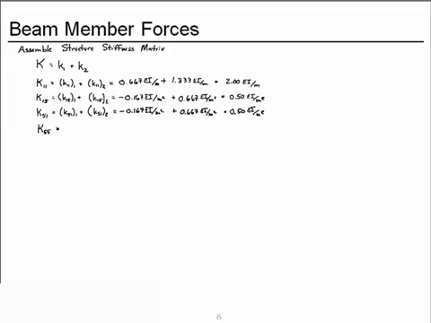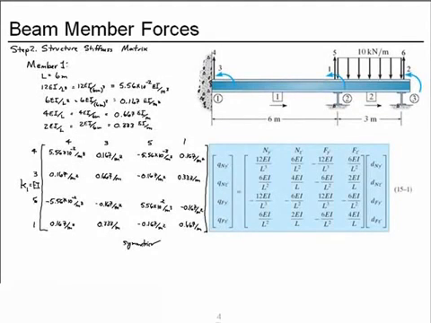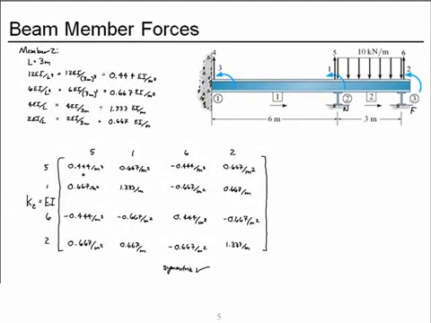And coefficient 5,5. From member 1, we have this coefficient, and from member 2, we have this coefficient value.